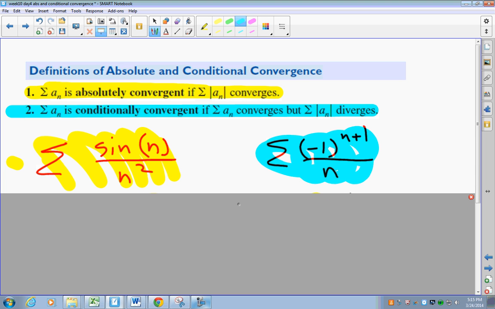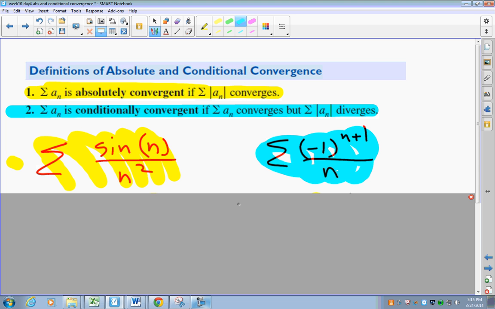Okay? So, oh, my metaphor is on this page. I've already given you two examples today. The one with sine of n over n squared. We first looked at him absolutely, and he worked. So then we know he works normally. This one here, the blue one, we know that one works immediately by himself, but when I throw in the absolute value part, it doesn't work.